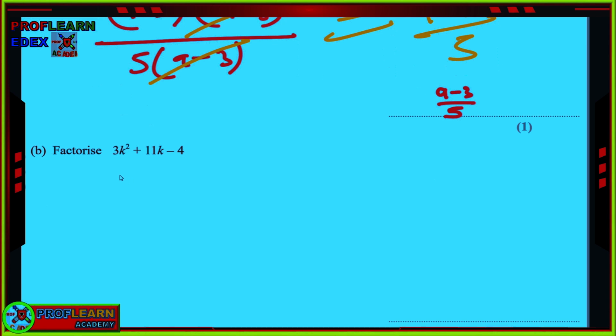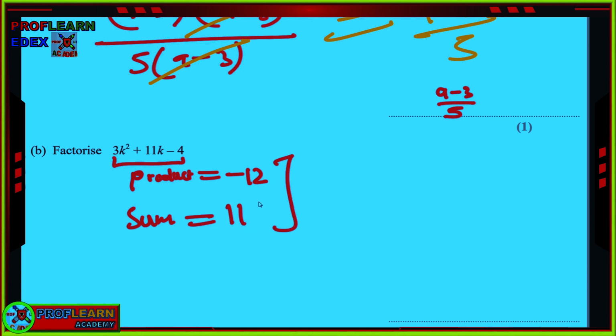If you are told to factorize, we can multiply and have the product. What's the product of the first term and the last term? The product is equal to negative 12. But what is the sum? The sum is 11. Which two numbers, if you multiply them, you get negative 12, but if you add them, you get positive 11?